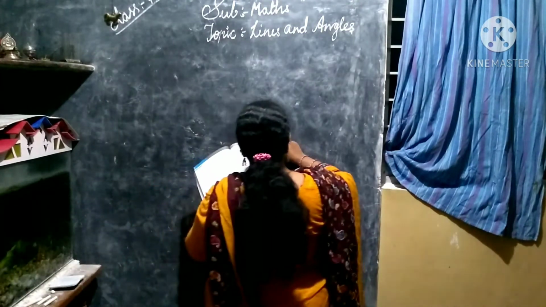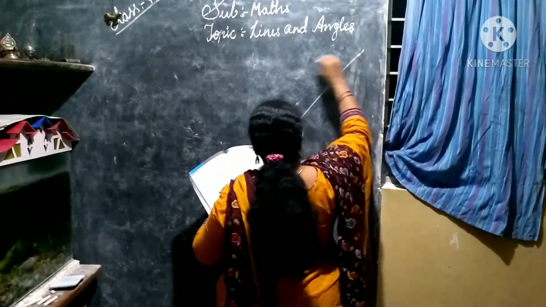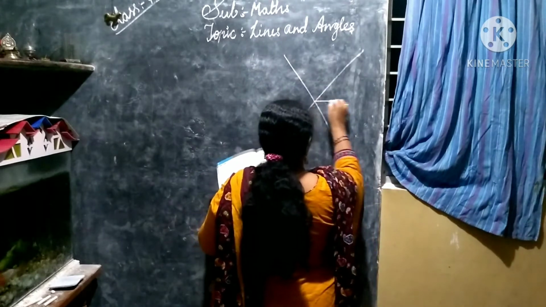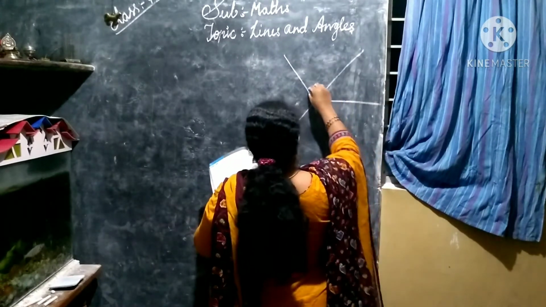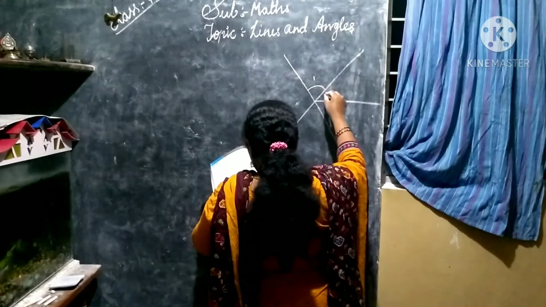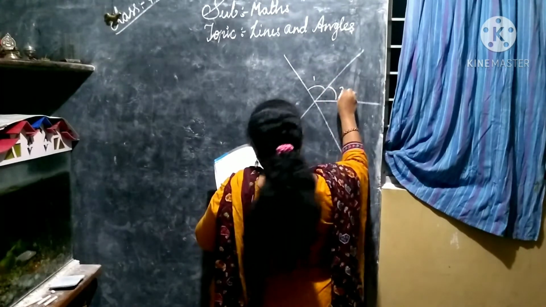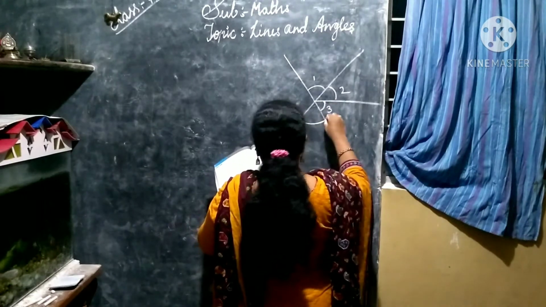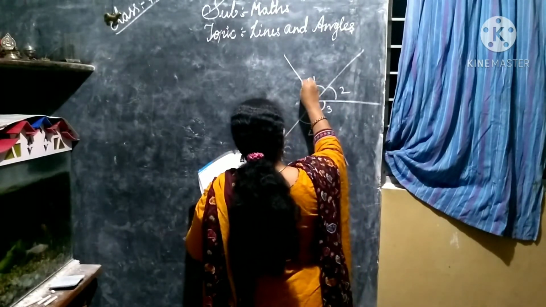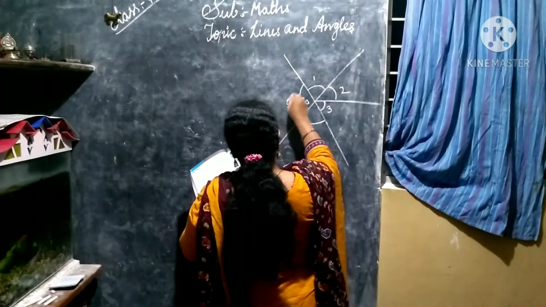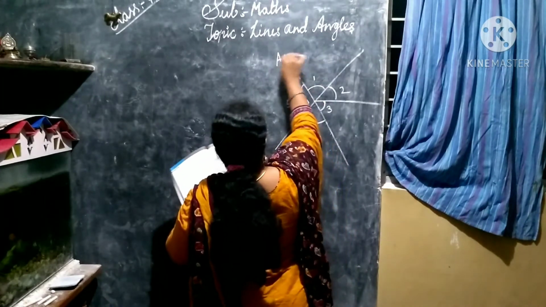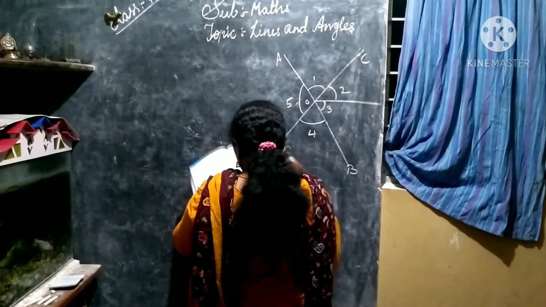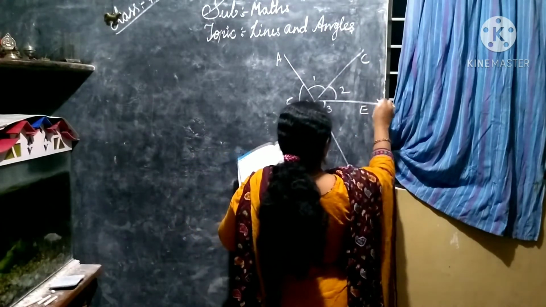So here the figure says 1, 2, 3, 4 and 5. Here it is. A, B, C, D and E.